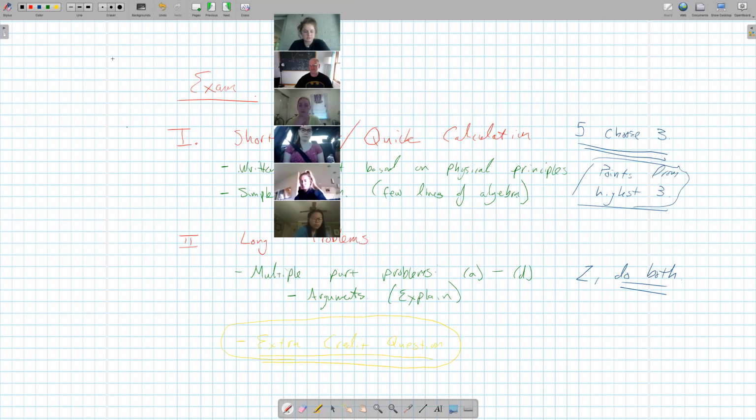Is it okay? For the long problems, yes, when you have parts A through E, yep. If there's compounding math, we find a term in part A and plug it in part B. Yes. If we get part A wrong, does that then? No, as long as you do part B correct based off of your wrong answer that you get from part A, then it will be 100% correct.